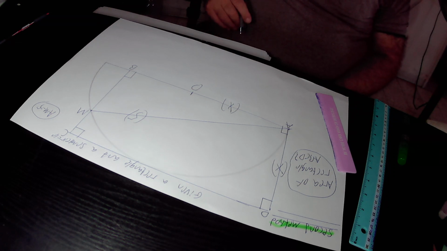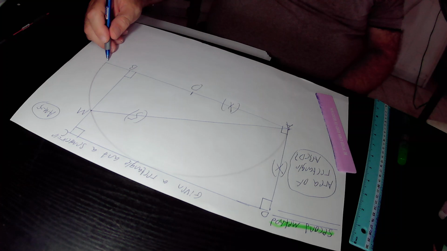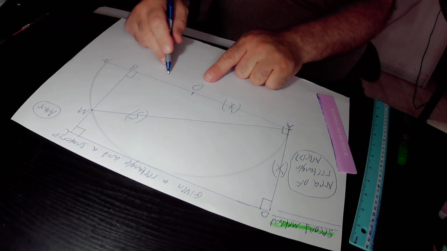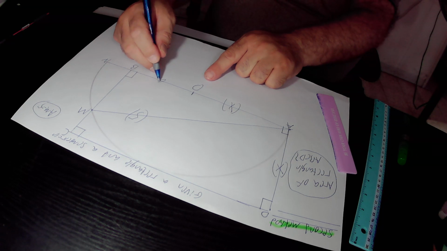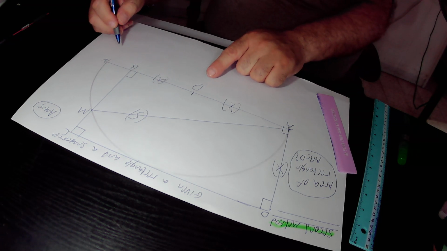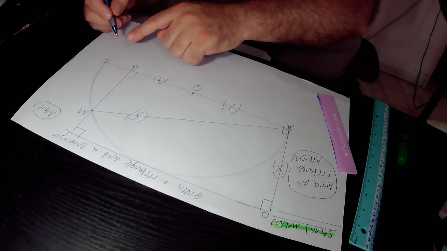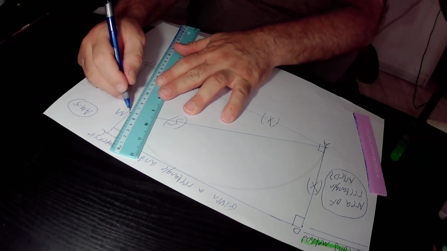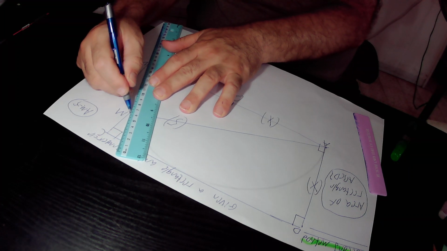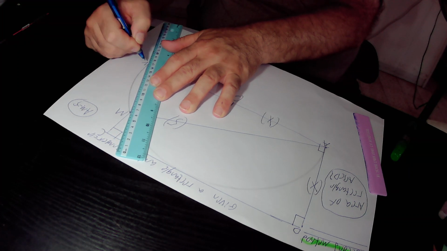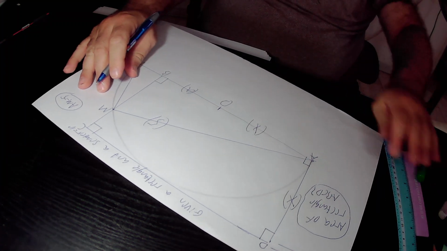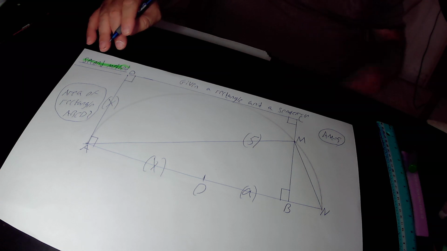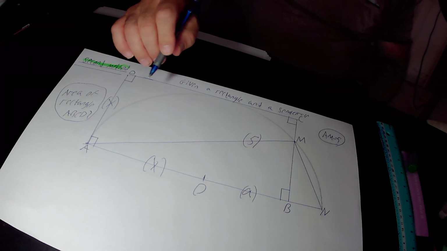In the next step, we'll define this point as point N. We'll define this line segment OB as A. And we'll join points M and N together by a straight line. By joining points M and N, we get peripheral angle AMN.